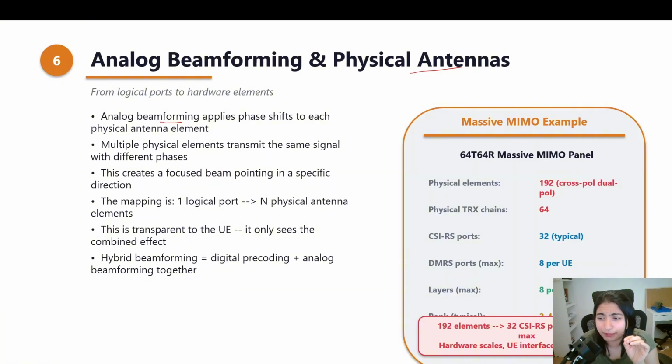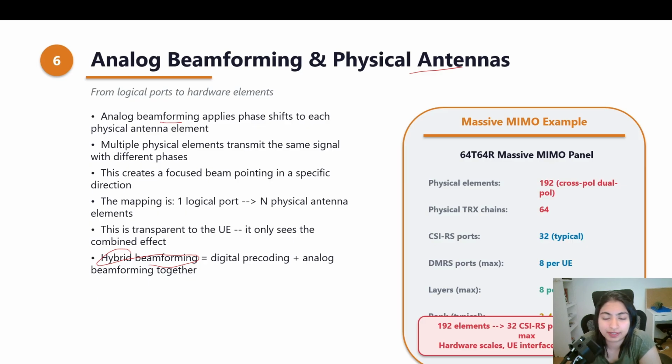So hybrid beamforming means that, actually in practice, almost all the gNodeBs use hybrid beamforming. This is basically a combination of digital precoding and then analog beamforming. So this is exactly how massive MIMO works. Massive MIMO just means that the number of transmit and receive antennas is quite huge.